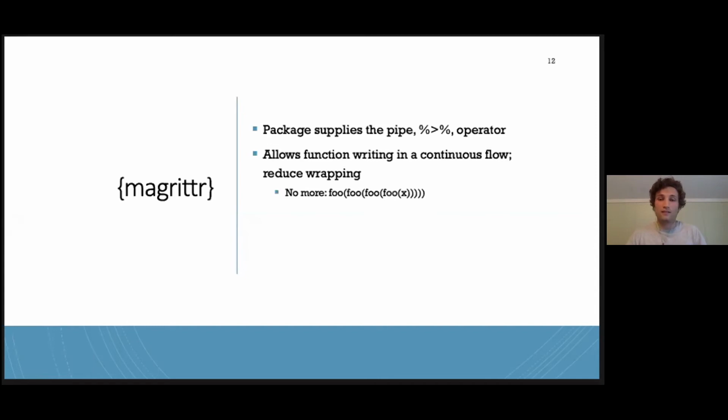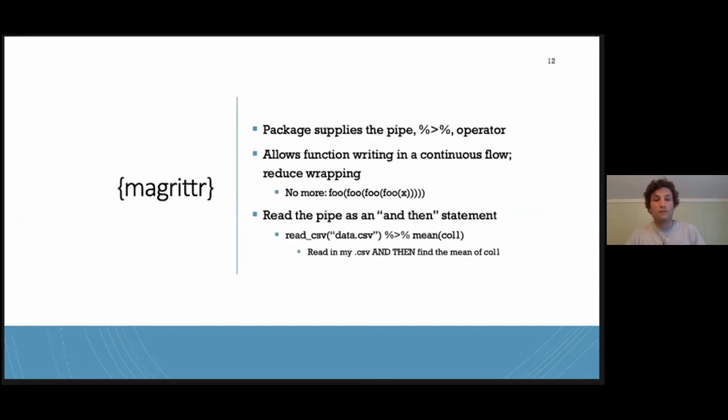That's where the pipe operator comes in. You can instead read the pipe as an "and then" statement. So in this case, we're saying read CSV and then find the mean of column 1. And I think this is a much more intuitive approach to reading your code and just understanding the process that's happening here.